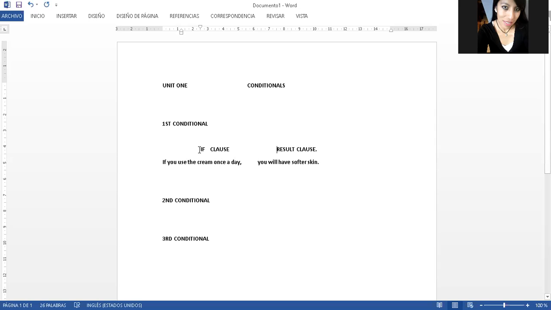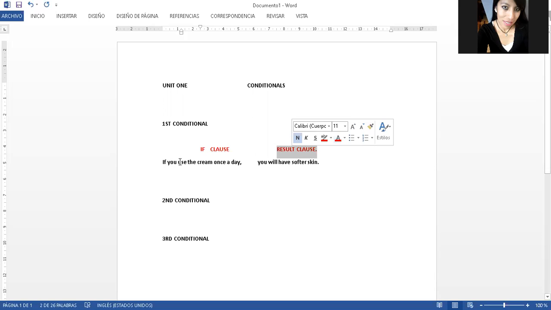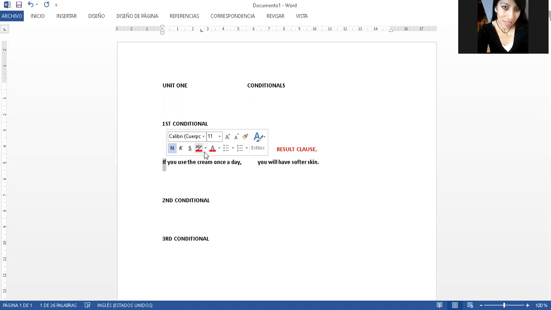So that is the first conditional: the if clause and the result clause. The if clause, of course, begins with if. If you use, and what kind of tense is it?